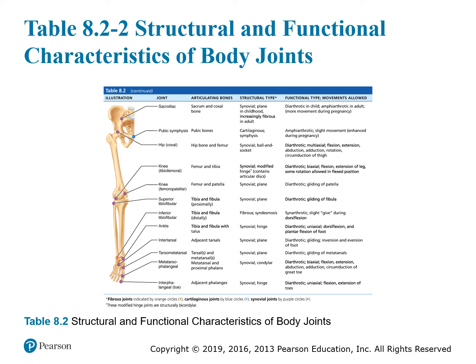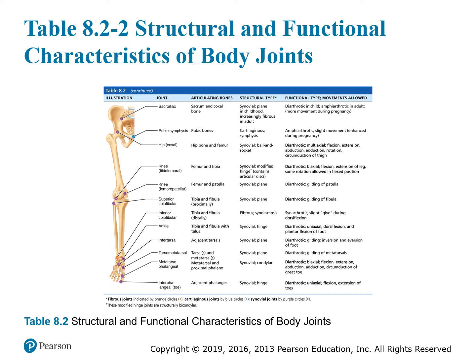Moving distally, we have the superior tibiofibular joint. It's the articulation between the tibia and the fibula proximally. It is a synovial joint, a plane joint. Functionally, it is considered diarthrotic, and the movement is the gliding of the fibula.